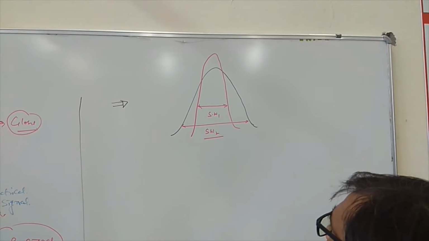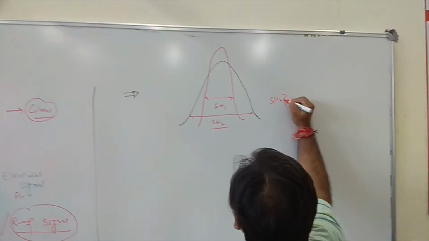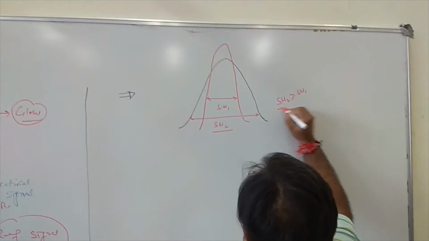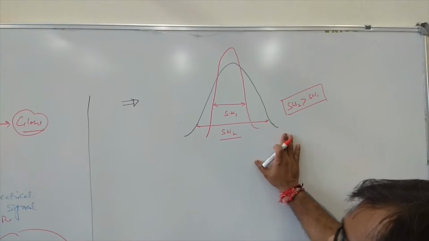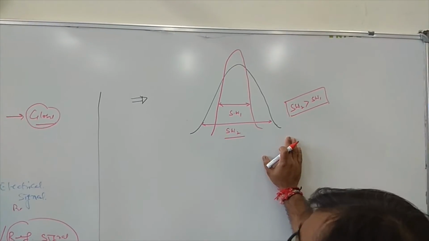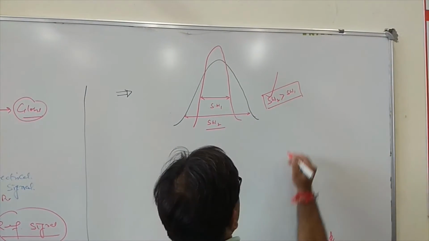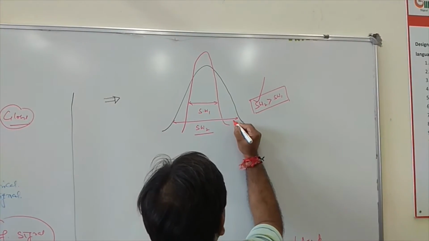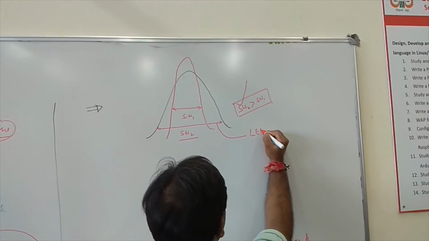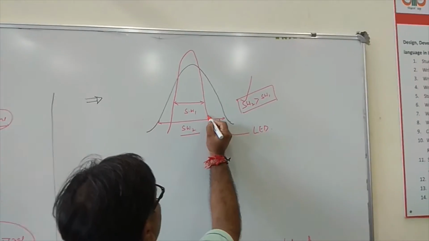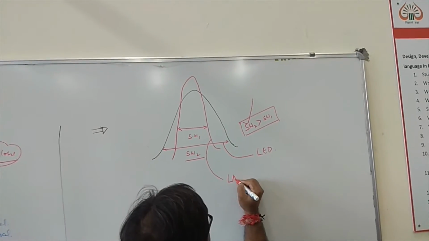SW2 is greater than SW1. The basic concept related to LED and laser is directly related to the spectral width. If the spectral width is larger, that means LED. And if the spectral width is lower, then laser. Why?